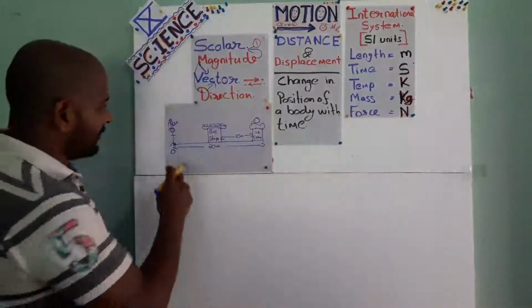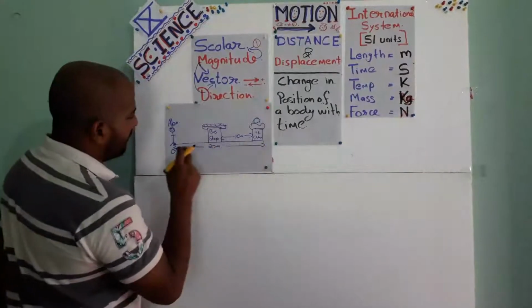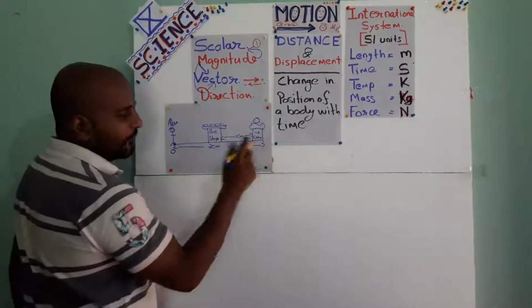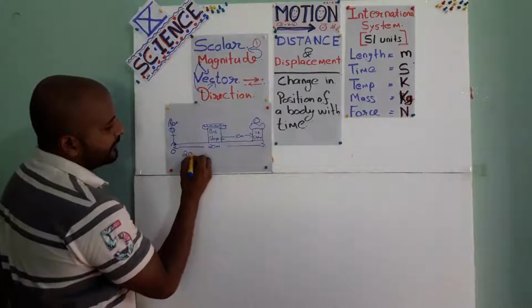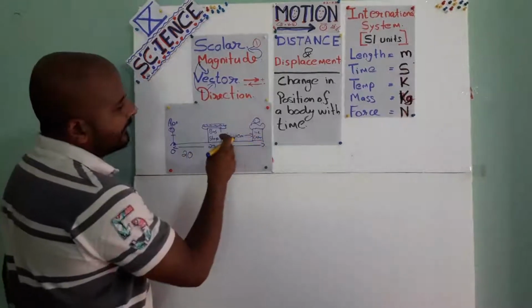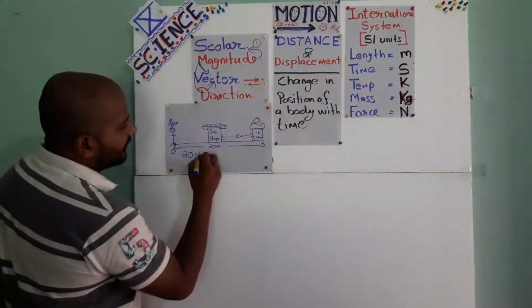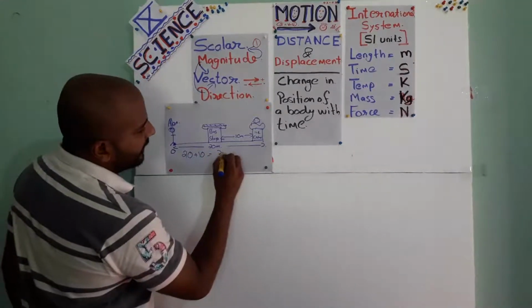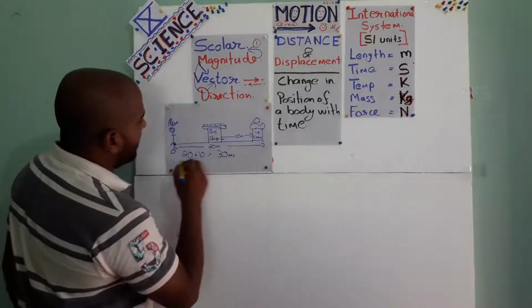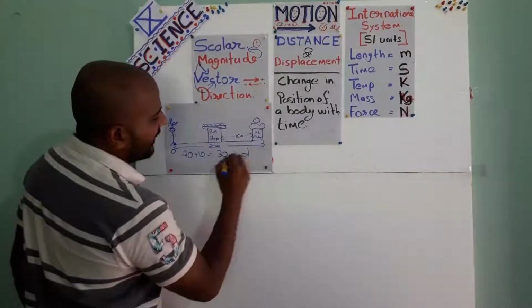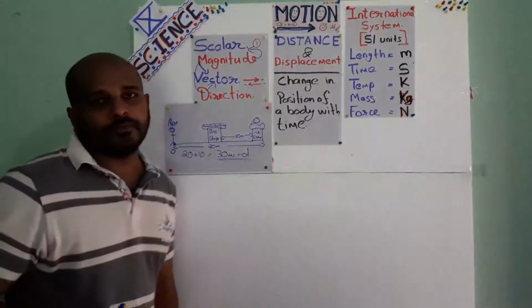First, how much distance? 20. From school to ice cream shop is 20 meters. Then again he is traveling 10 more meters back to the bus stop. So in total how many meters did he travel? He traveled 30 meters. Am I right or not? So this is the total distance traveled by Ramu.